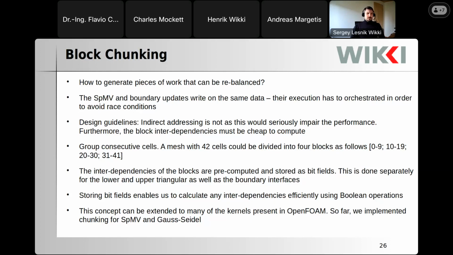And then I can make interdependency and store that in bitmaps, which allows me to do the dependency calculation very quickly and dynamically. Okay, so that's where the parallelism is coming from.